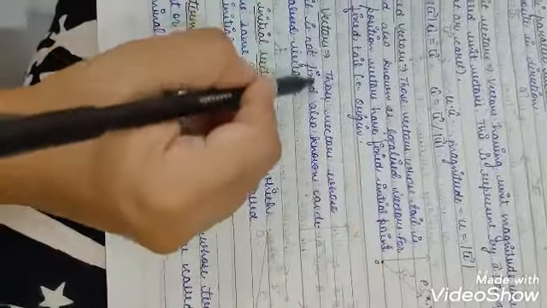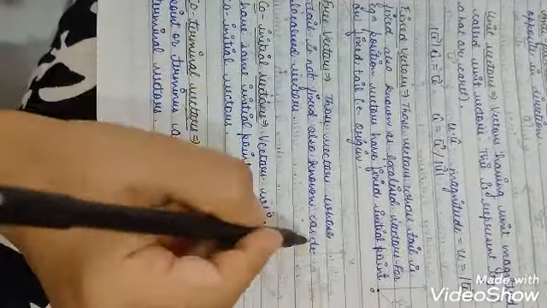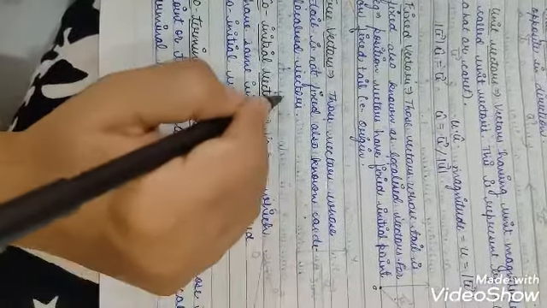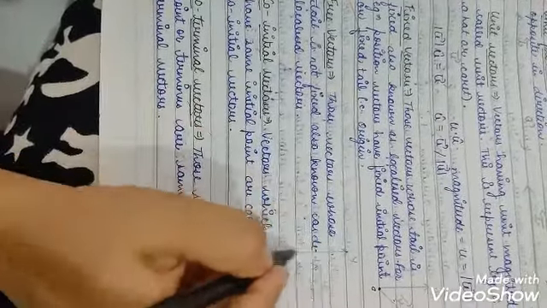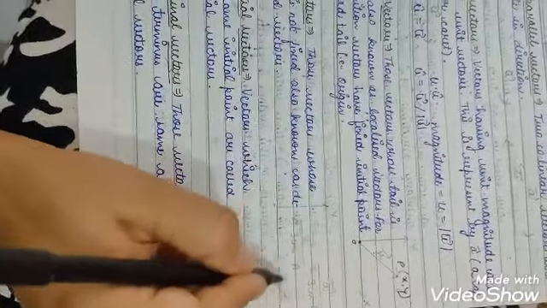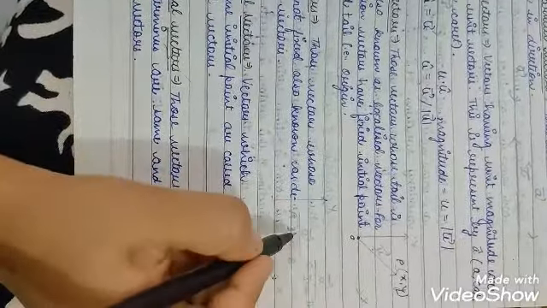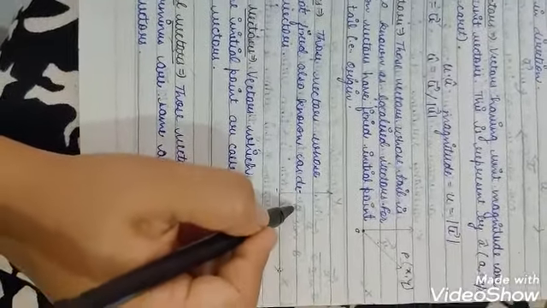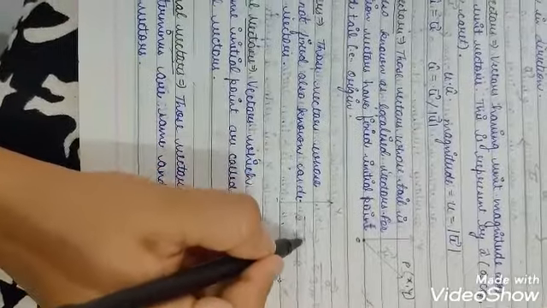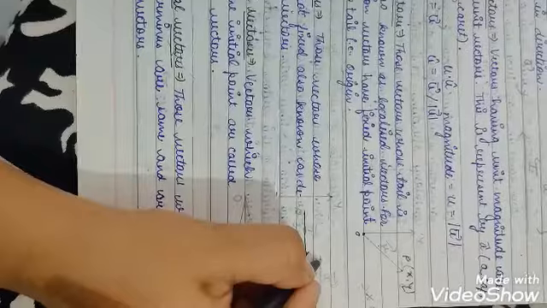Free vectors are vectors whose tail is not fixed, also known as delocalized vectors. You can see the x and y axes, and a vector represented as AB along this side, or CD this way.